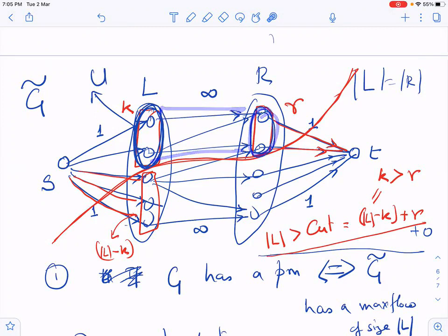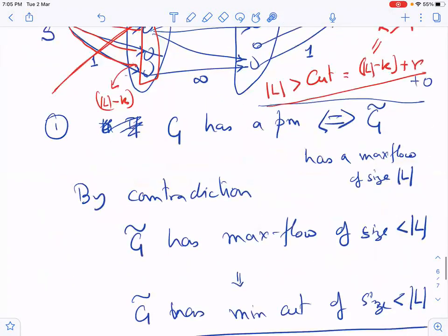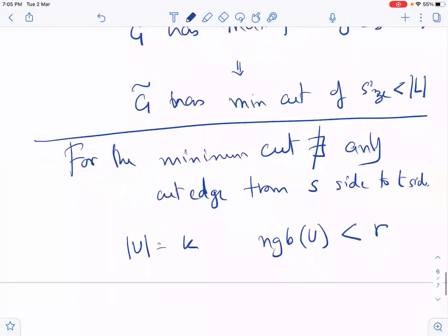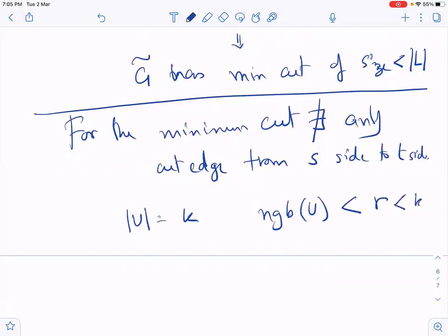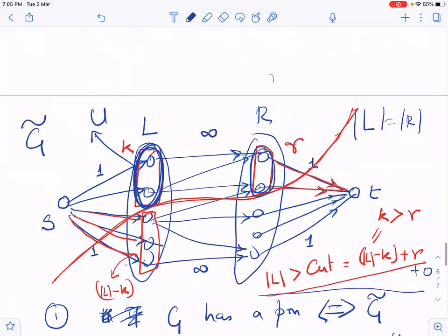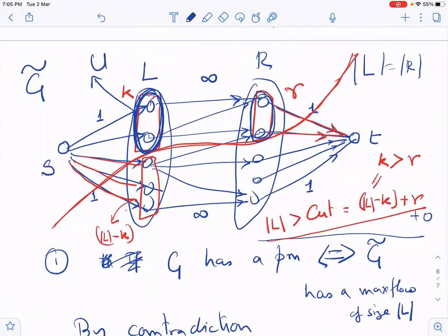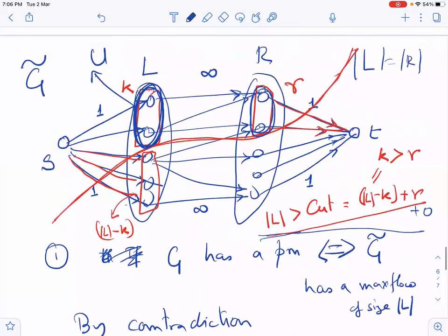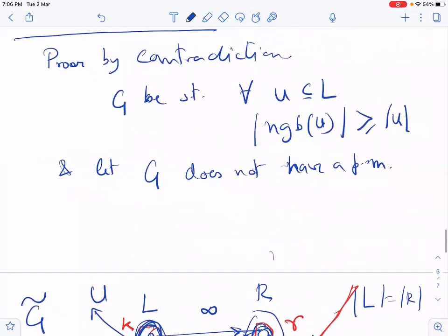So the size of U is equal to K. The neighborhood of U is less than R, which is strictly less than K, which is equal to the size of U. In other words, if the minimum cut is of size less than L, then there will be a U which shrinks.